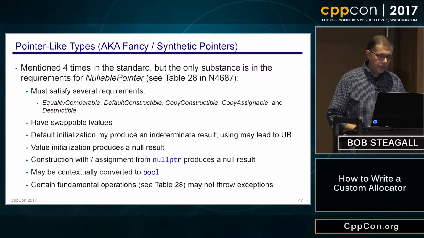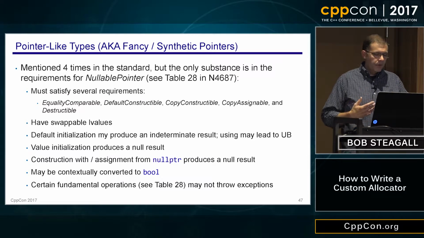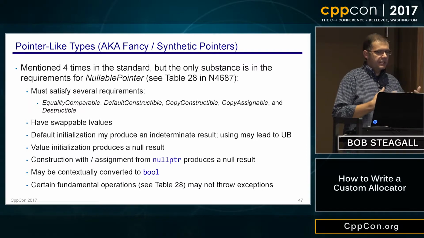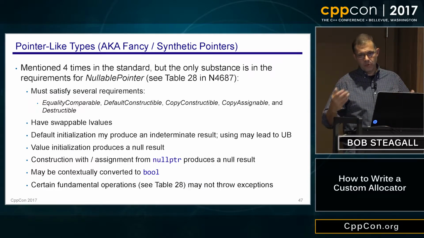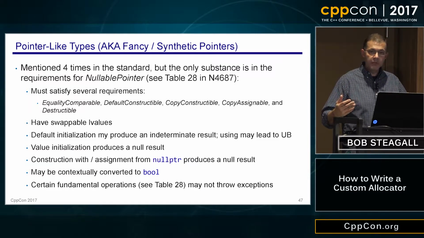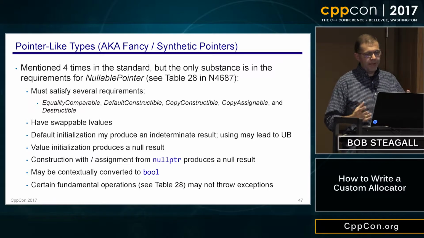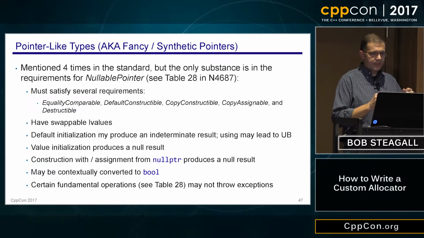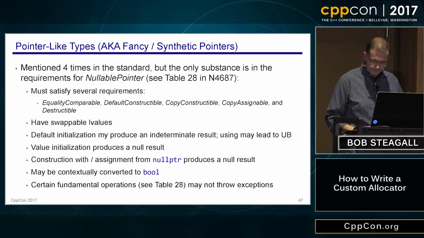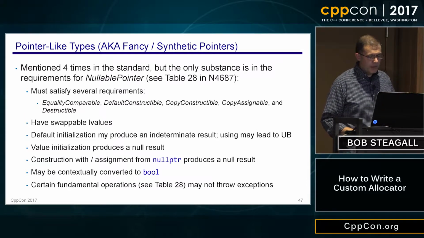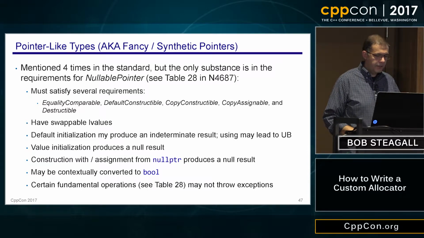And I will say, I don't have it on the slide there, that if a pointer-like type contains a null result, then comparing it directly with the null pointer must return true. So in effect, it represents null pointer, but it doesn't have to exactly be null pointer. These types have to be contextually convertible to bool, so you can use typical if-p syntax. And there are a set of fundamental operations, which I'm not going to list here, but which are in this table 28, in which a synthetic pointer may not throw exceptions.